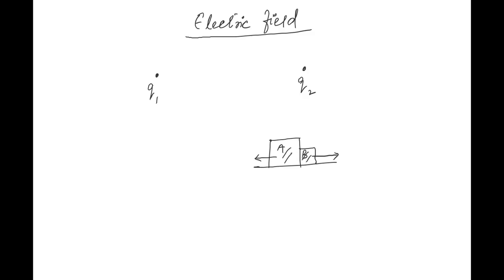But the force which is called as electrostatic force or the gravitational force you have studied in class 11, in these kind of forces there is no contact, still there is force. This is called as non-contact force, right?